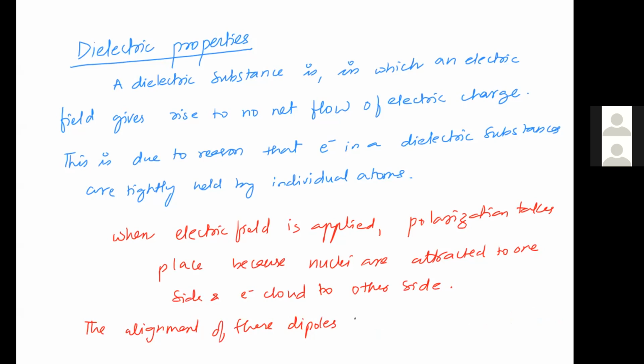One is net dipole moment is 0, or they have a net dipole moment. Because of dipole moment, you have some properties arising. So we'll talk about that. This much is just to understand what a dielectric is.